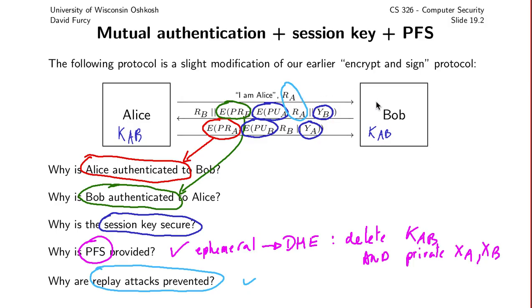And so whoever was impersonating Bob would have sent the wrong response nonce, not corresponding to the challenge nonce. And of course, the same is true for this pair of nonces, or this nonce used in the pair of messages coming from Bob and back to Bob. So this is how this protocol claims to avoid replay attacks.